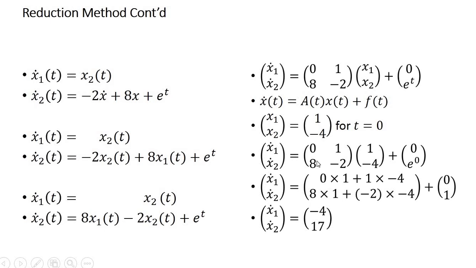If you multiply this, 0 times 1 plus 1 times minus 4 gives minus 4. 8 times 1 plus minus 2 times minus 4 gives 8 plus 8, which is 16, plus 1, which is 17. So that will be your solution. Thank you.